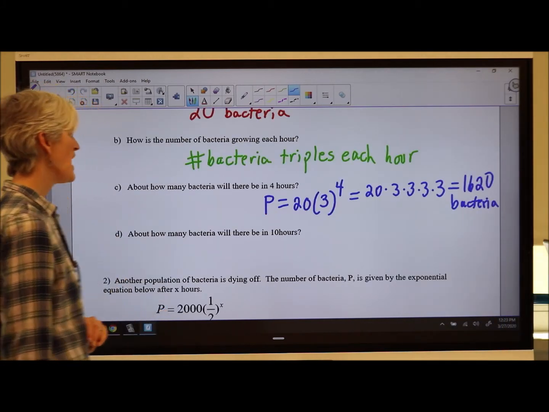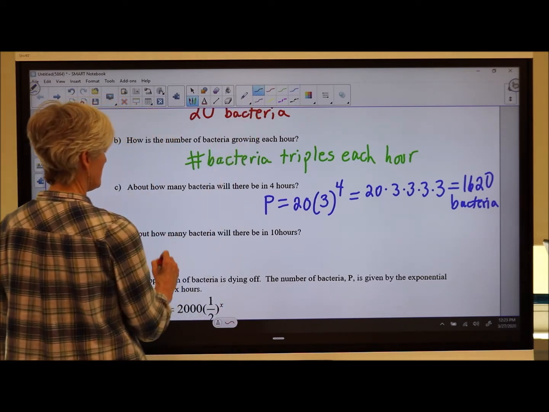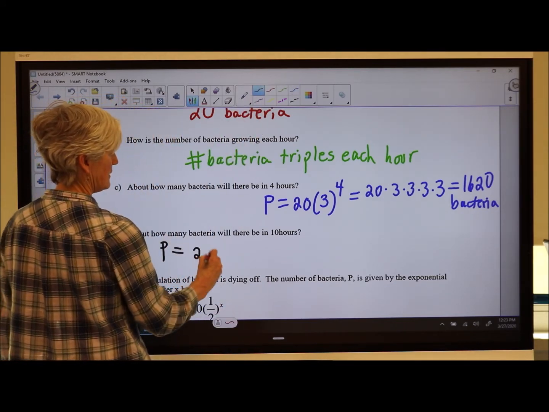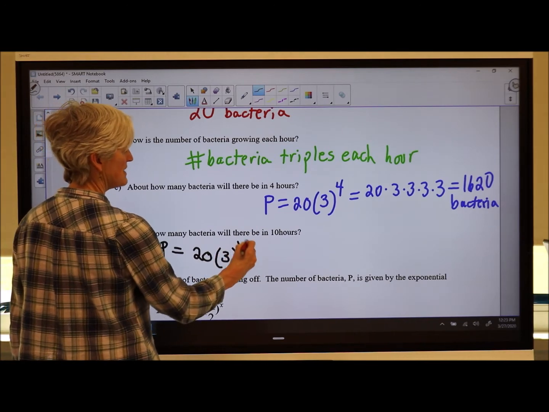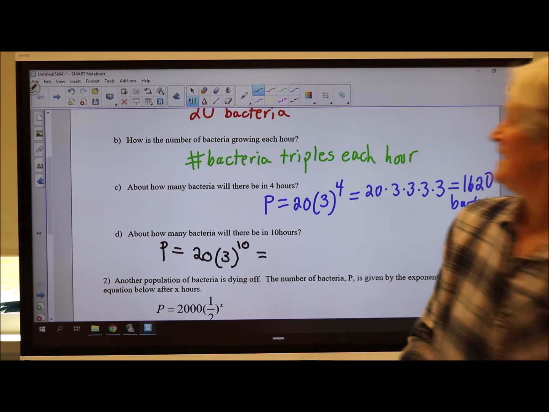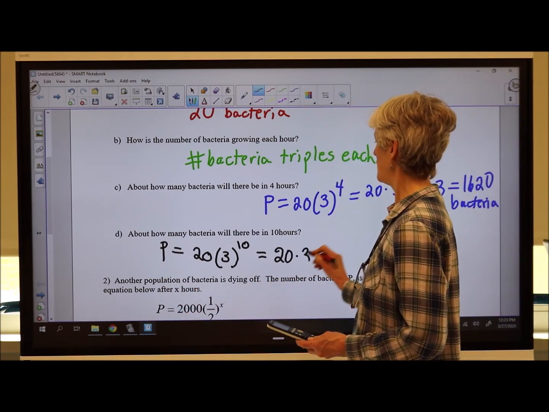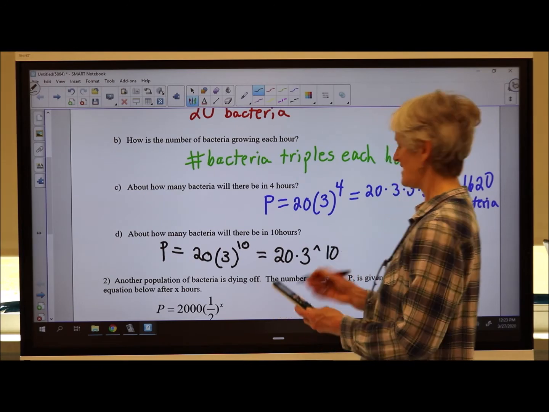And D, about how many bacteria will there be in 10 hours? Oh my gosh. That's 3 times 3 times 3 times 3 times 3 times 3. I'm not going to do this one in my head. Let's put that in the calculator. That's going to be 20 times 3 with a little caret and the 10.